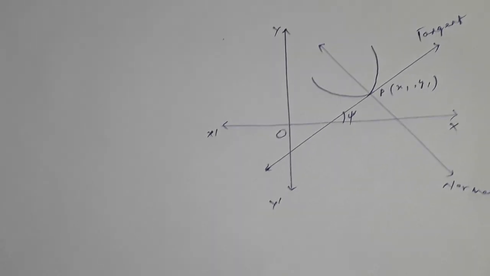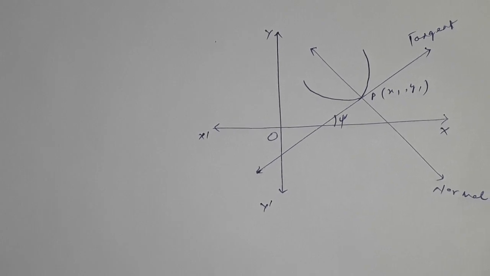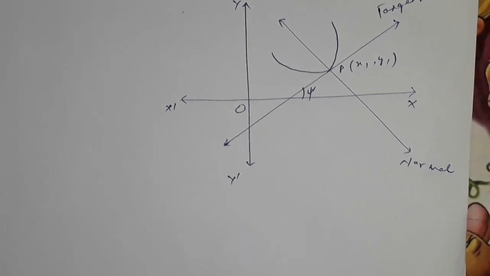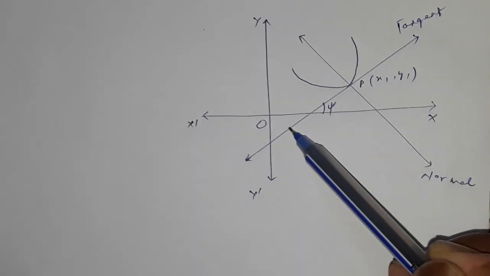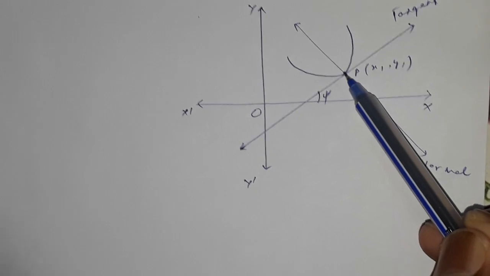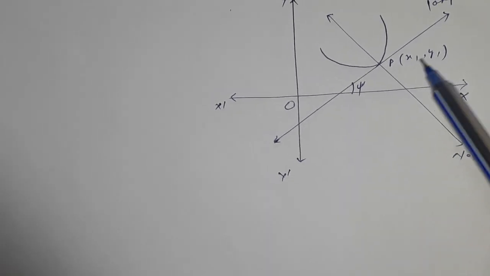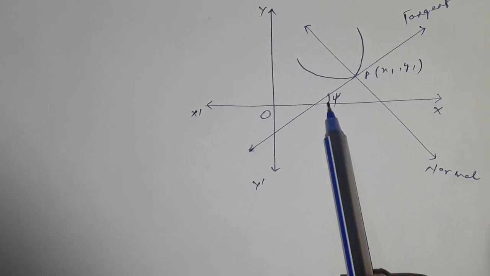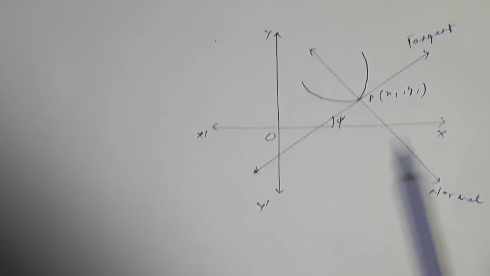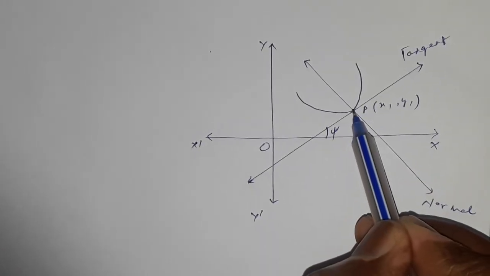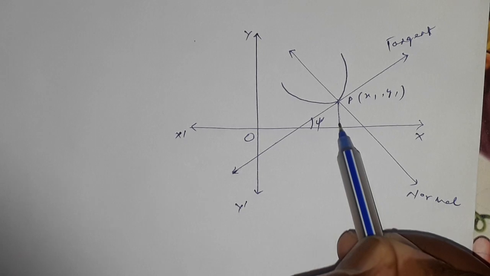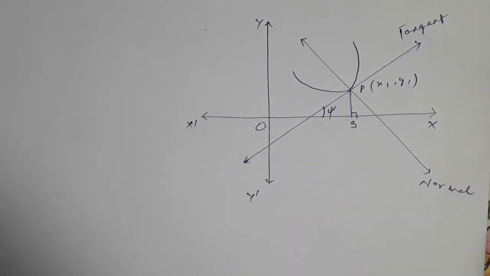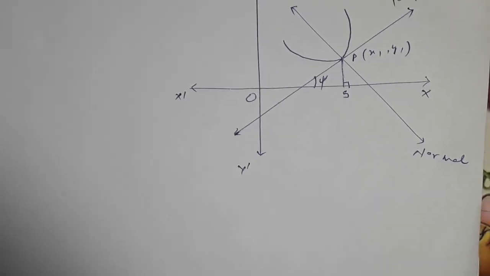Now I am discussing some other parts of this figure. This is the tangent. This is the point of contact having coordinates P(x1, y1). This is the normal, and let this angle be psi. Now let PS be perpendicular to the x-axis.